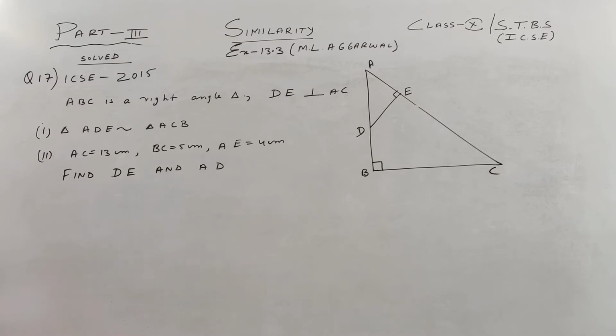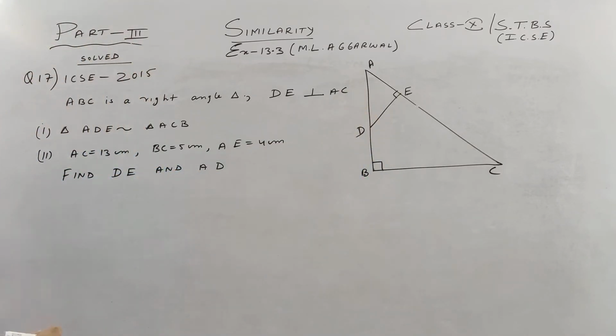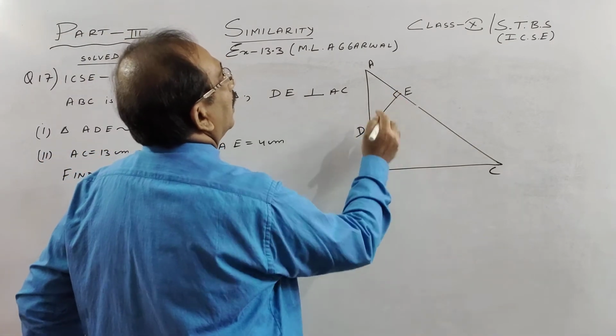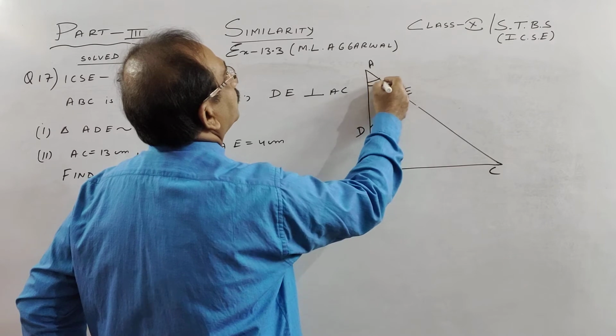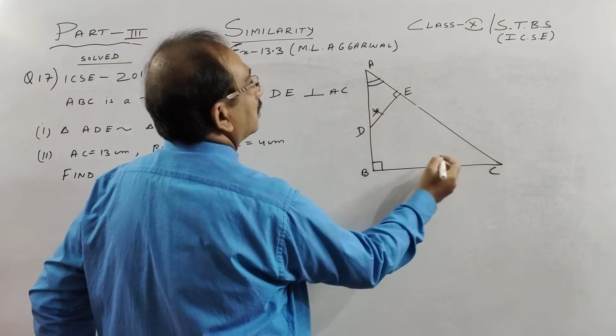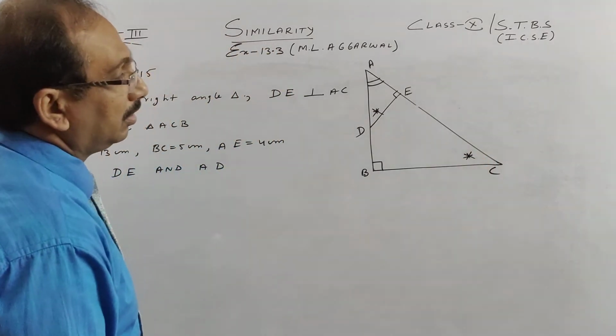So first we have to prove triangle ADE is similar to big triangle ACB. So see here, these two angles are equal, children, and this is common to both. So the third angle of this triangle, this asterisk, and the third angle of this triangle will be equal.